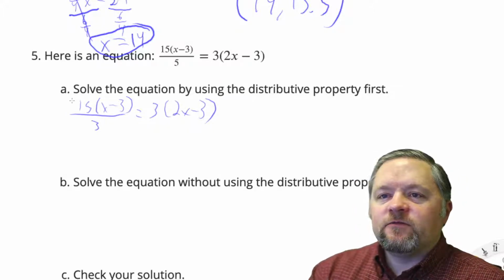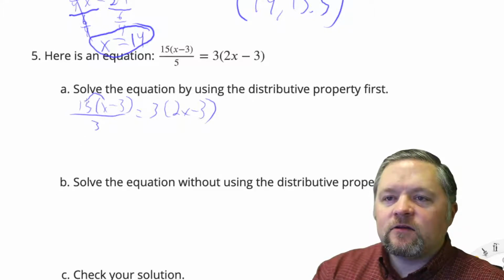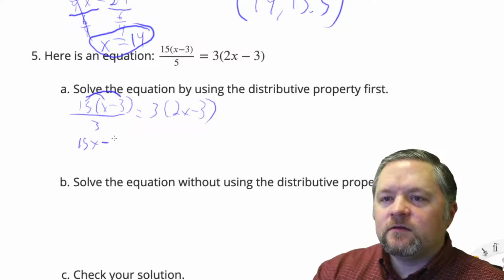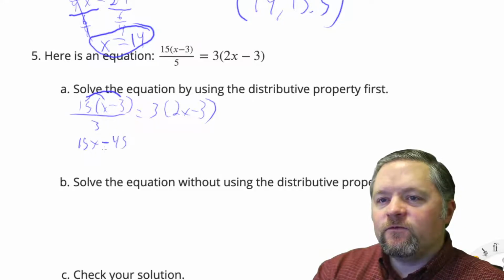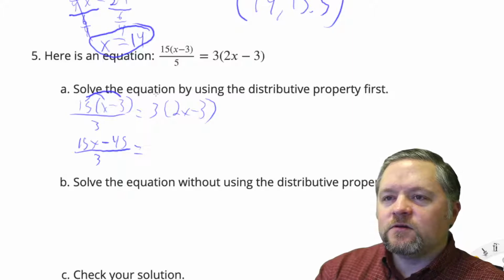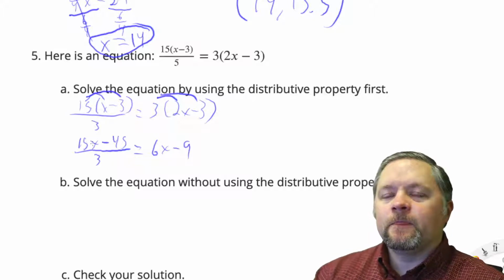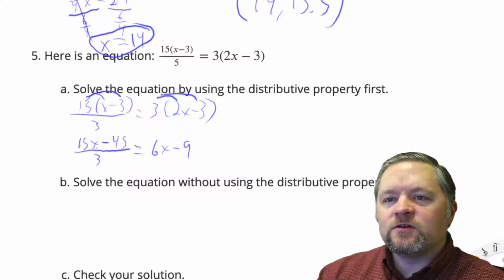Using the distributive property, well, 15 times x is 15x. 15 times 3 is 45 all over 3 equals, distribute this, 3 times 2x is 6x. 3 times negative 3 is negative 9. Now what do we want to do?